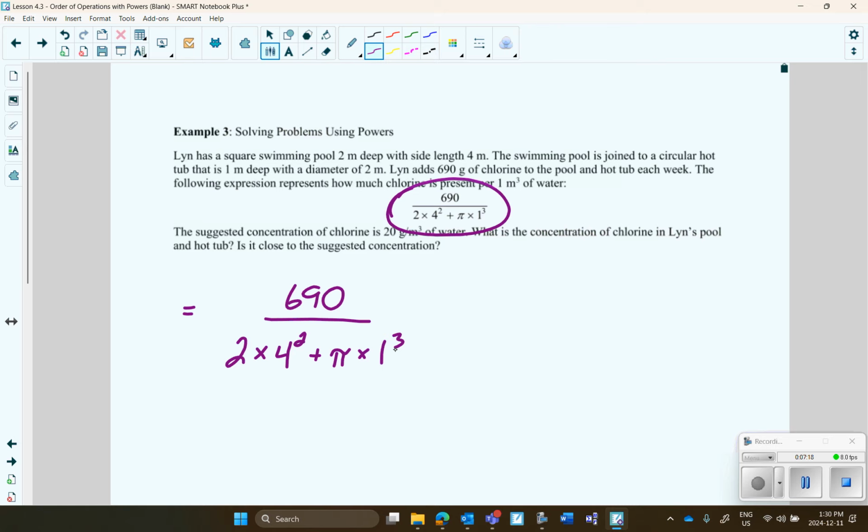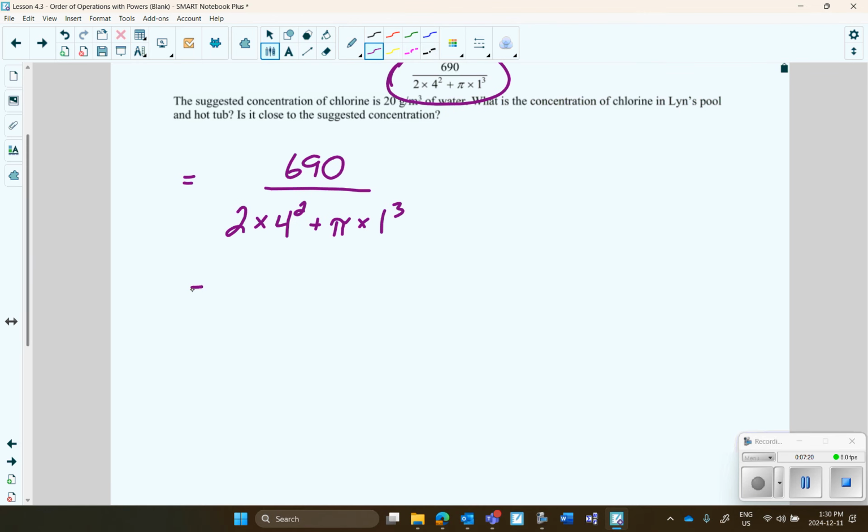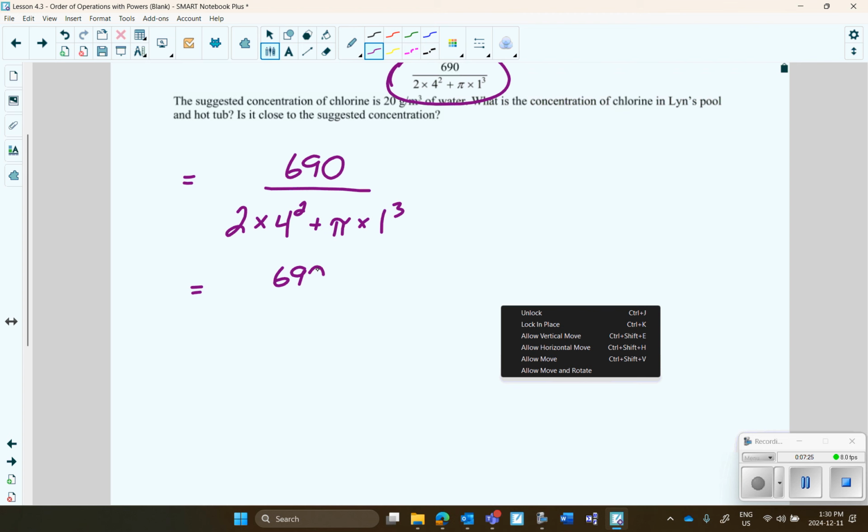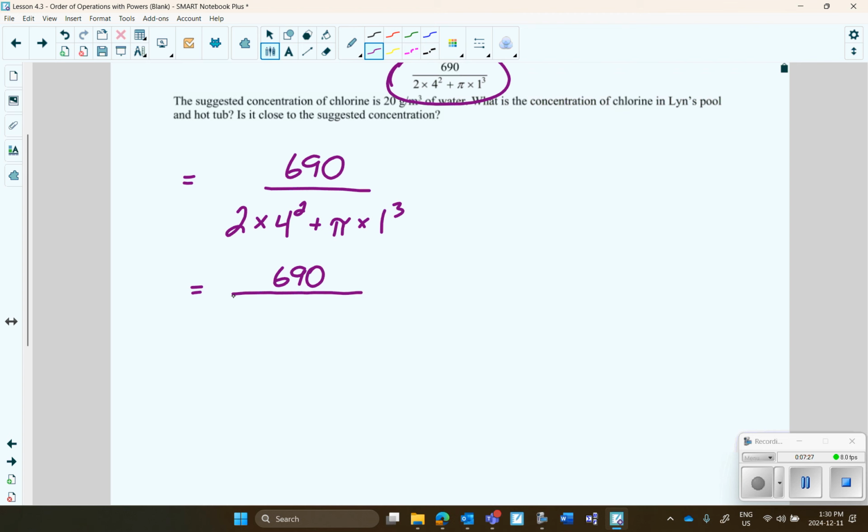Well, there's nothing to do up top. But on the bottom, what are you going to do first? Yeah. So 2 times, careful, 16, plus pi times, what's 1 to the third? 1.